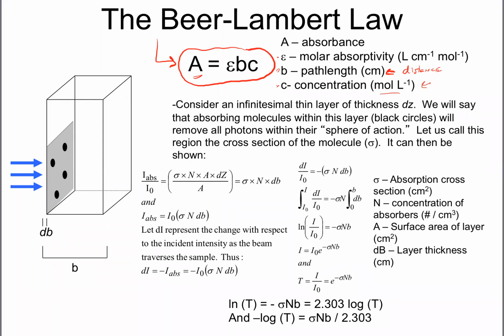This is the analyte or light absorber concentration in molar units. It doesn't have to be molar units. It actually can be other units besides molarity. Molarity is, however, common. Now, if you use molarity, epsilon is your molar absorptivity, with units of liters per centimeter per mole. Now, what is molar absorptivity?